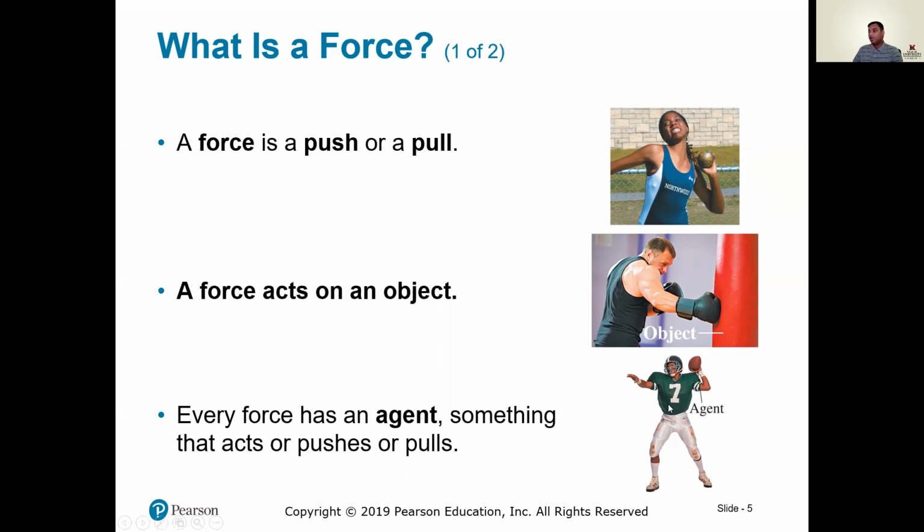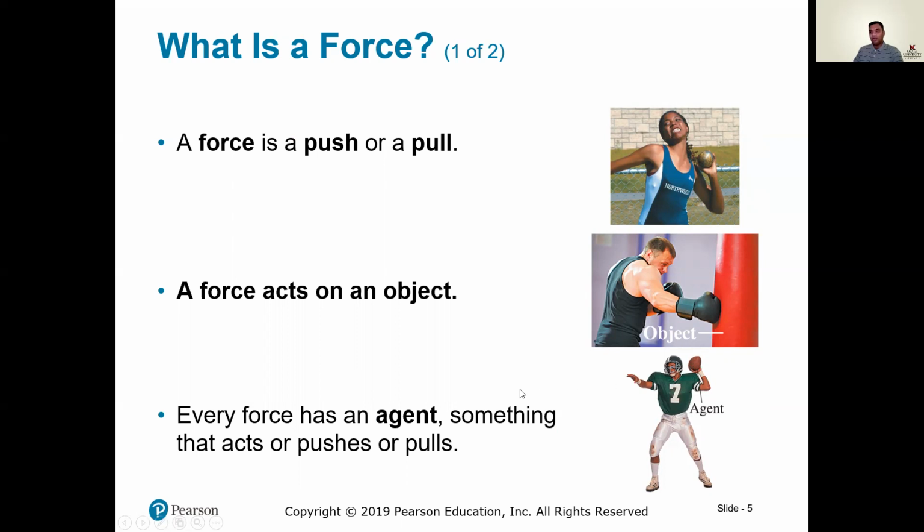If you think about the agent, you could broadly say that this person is the agent. But if you want to be very precise, very particular or accurate about what is the agent, you are going to say the hand of the football player is the agent. The reason is that this is the part of the body which is directly in contact with the ball.